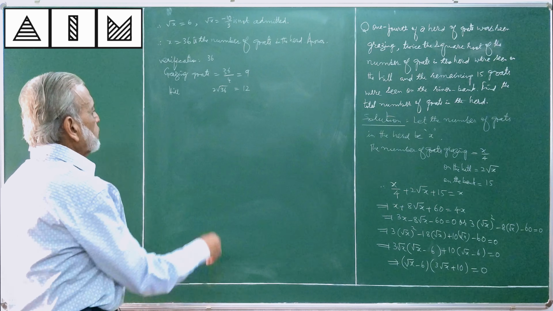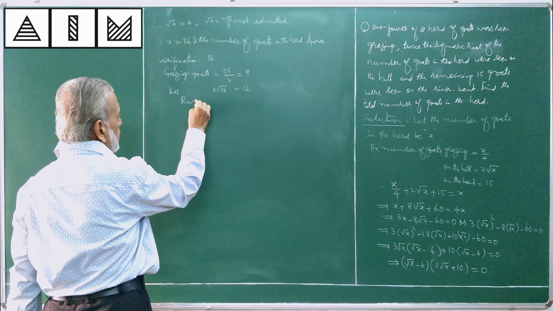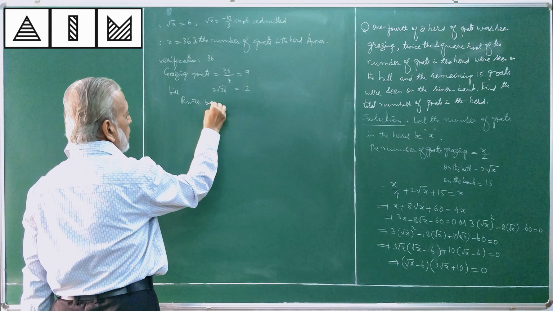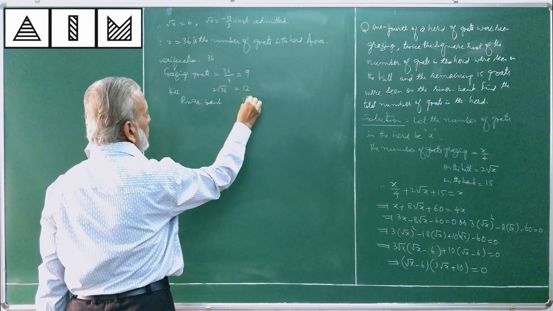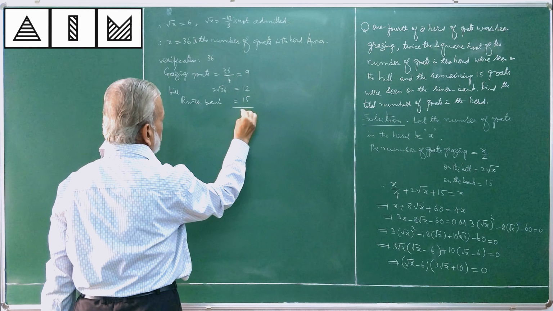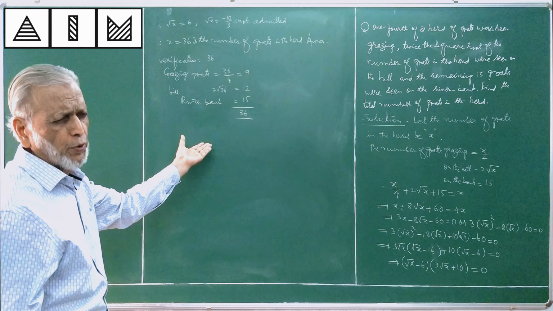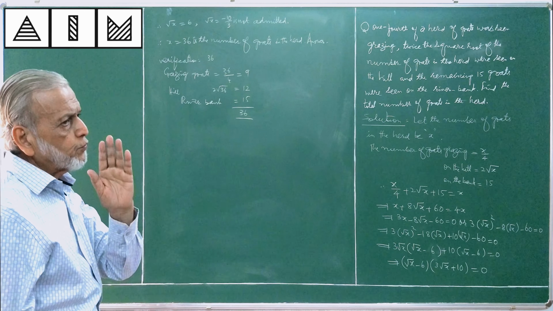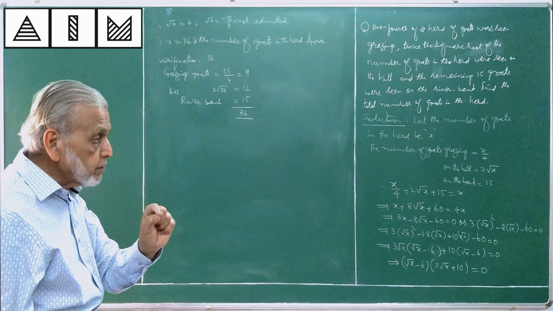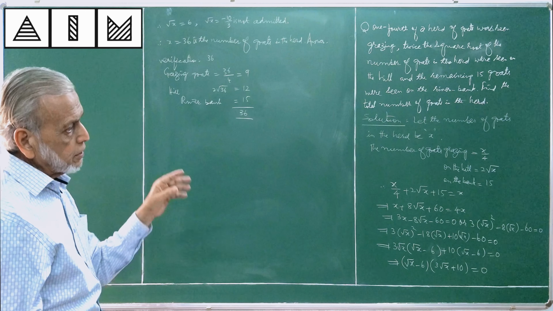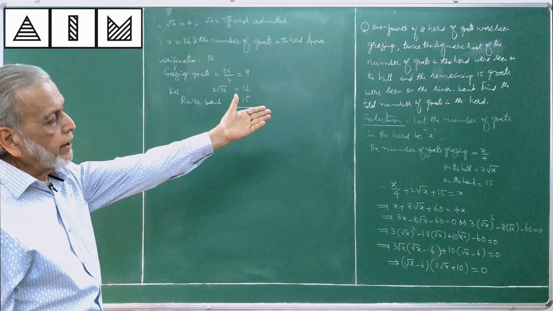And the remaining 15 were on the river bank. If you add all this, you will get 36 number of goats. It's a verification only, just for satisfaction and for also understanding the real spirit of the question, the real spirit of the data and the further work.